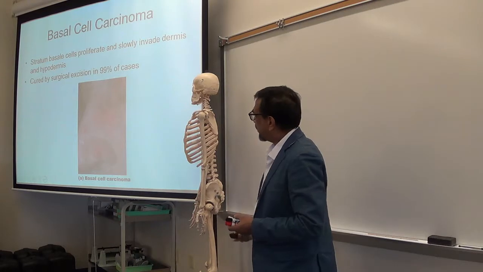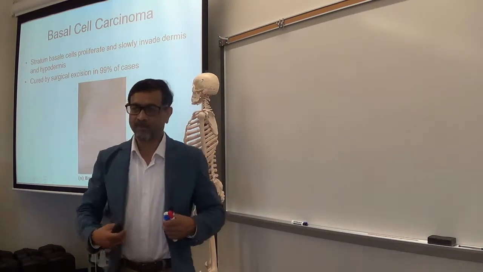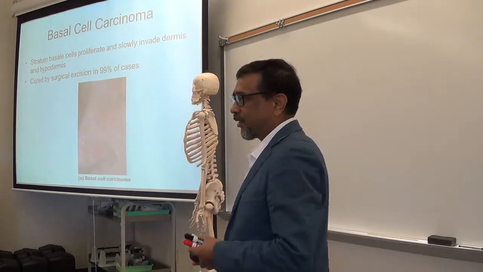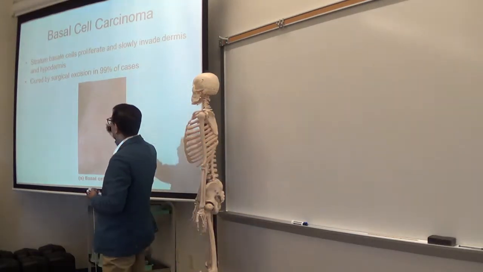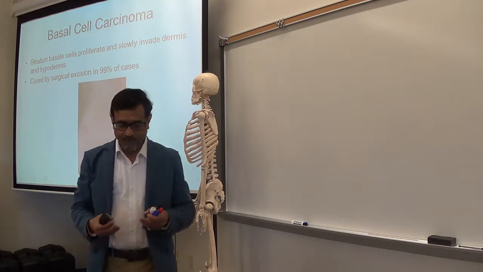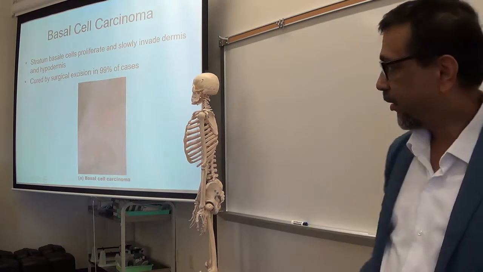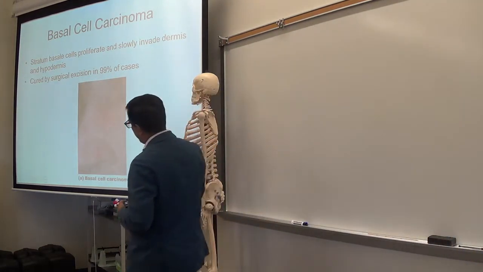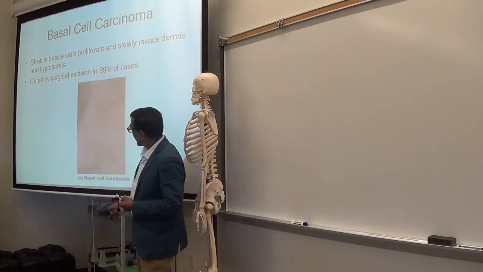This type of carcinoma can be easily treatable. Surgical removal of the tissue will cure the patient in 99% of cases. So it is easily curable by surgical removal of that tissue. You see this patient, he got basal cell carcinoma.